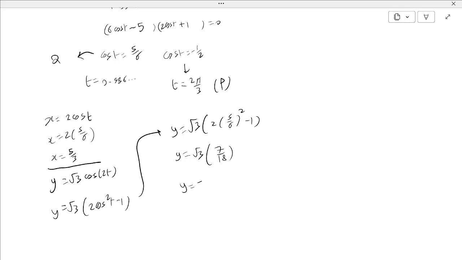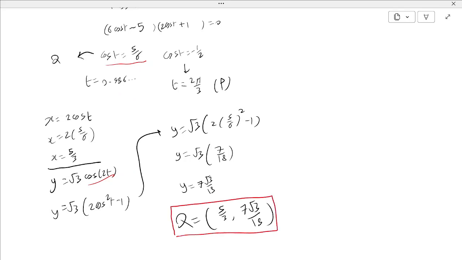So y is going to be 7 root 3/18. I've got y, I've got x, so Q is (5/3, 7 root 3/18). I found my exact value of cos 2t based on what cos t was, algebraically. I didn't just type in cos of 2 of inverse cos of 5/6. That's not going to cut it for fully showing your working. What you can do is use the calculator to at least check your answer though.